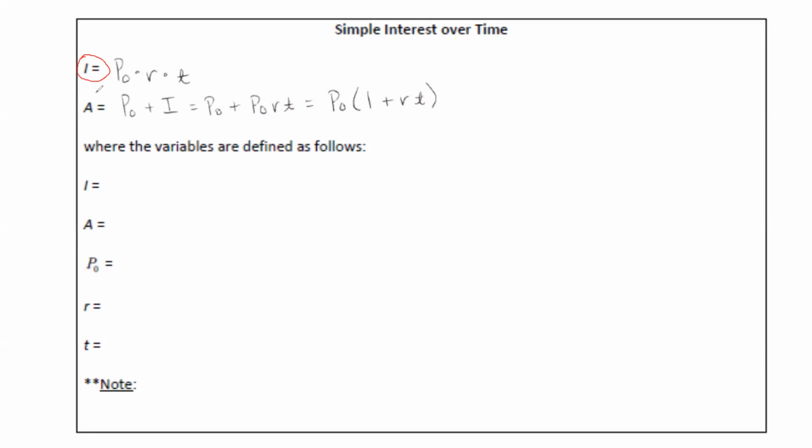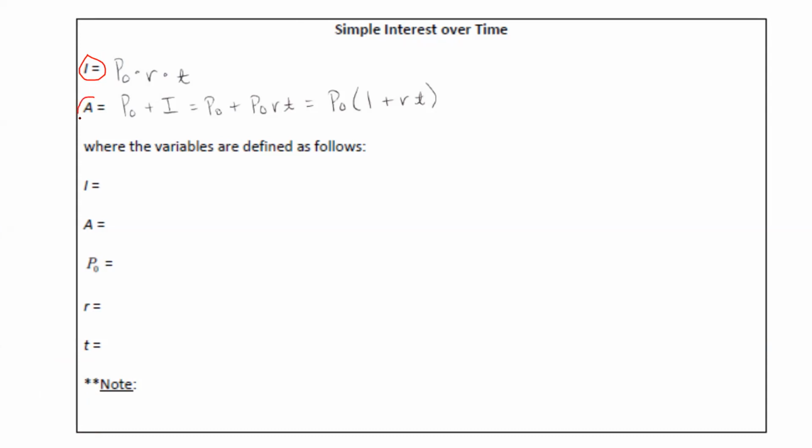That's actually going to be how we compute that sort of fee. So this is how we compute our interest.